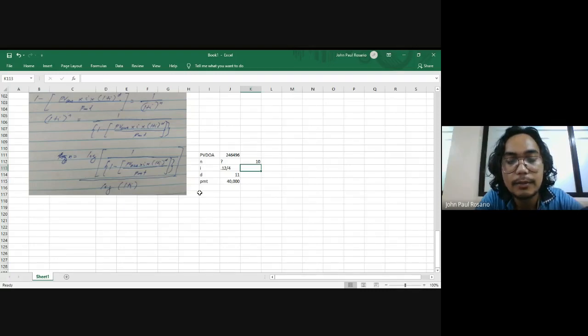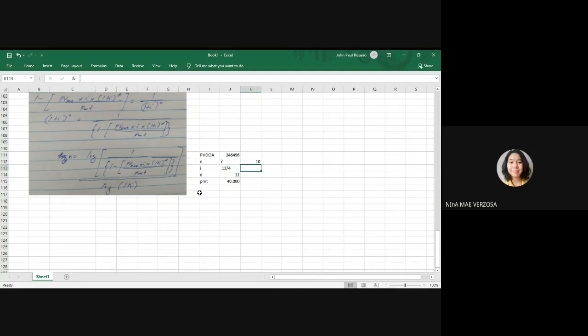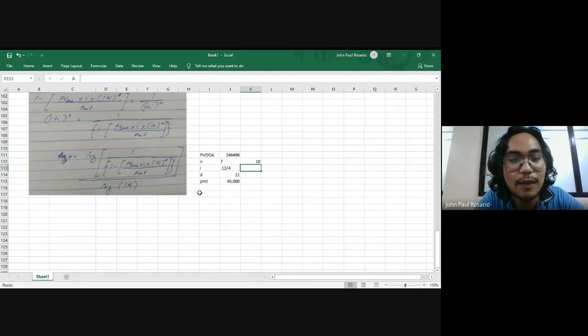Guys, you can't see clearly, right? Okay, so just follow my voice now. Again, in the numerator, 246496 times parenthesis 0.12 over 4 times parenthesis 1 plus 0.12 over 4 raised to the power of 11, over the payment of 40,000.